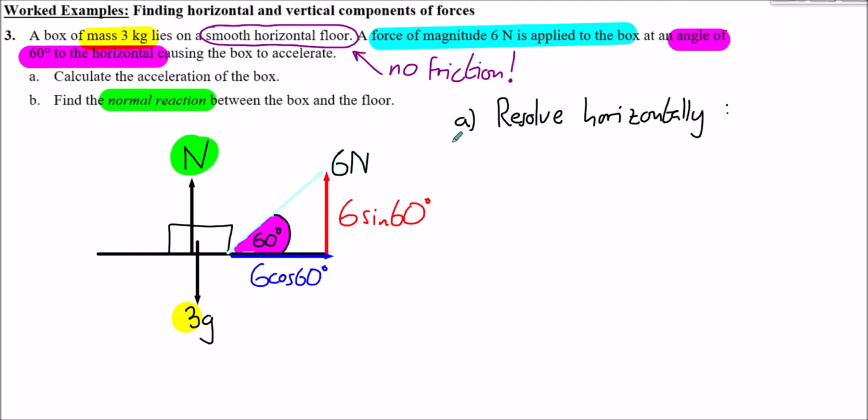So, because the acceleration is only going to be in the horizontal direction, we can apply F equals ma. The only force going horizontally is going to be the 6 cos 60, because there's no force opposing it horizontally.